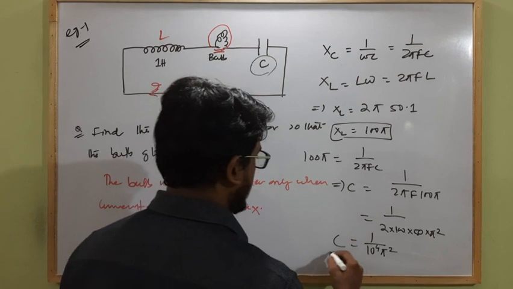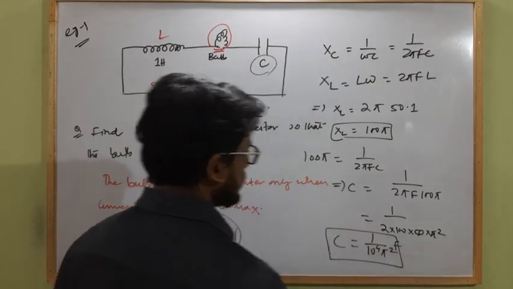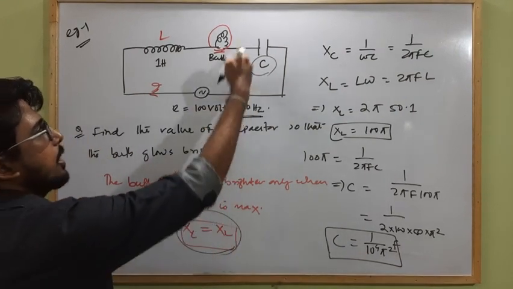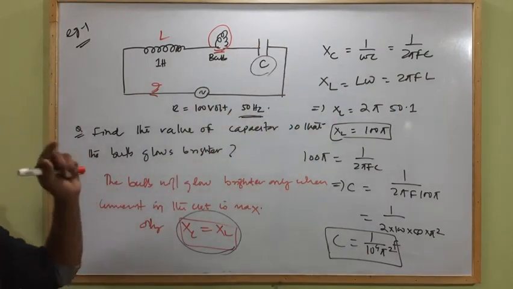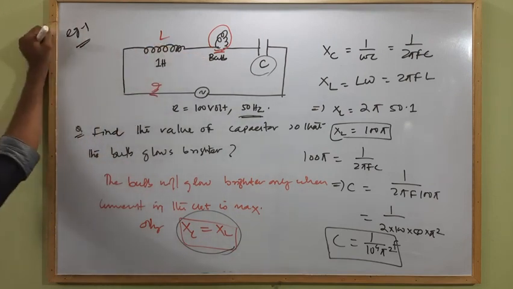So this is the capacitance in farad which will be used across this circuit so that the current flowing through the circuit will be maximum and the bulb will glow brighter.